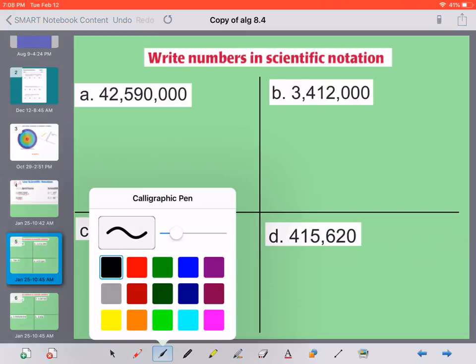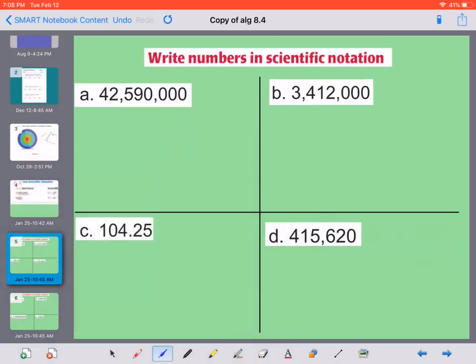So we need to write these numbers in scientific notation. When we're writing numbers in scientific notation, what we have to do is imagine there's a decimal point. If we have a big number, like we do here, we're going to imagine there's a decimal point at the end, because there usually would be one there. So I'm going to put this decimal point at the end, and count how many spaces I can go before I get to a number between 1 and 10.